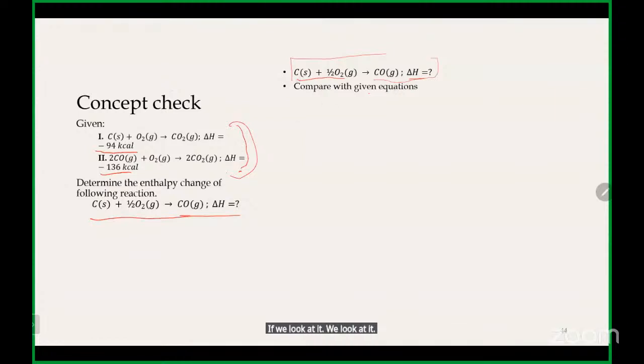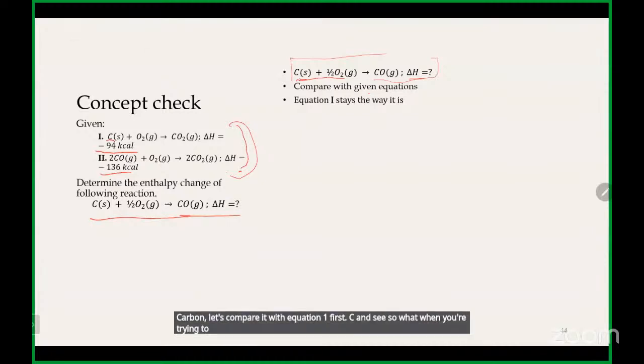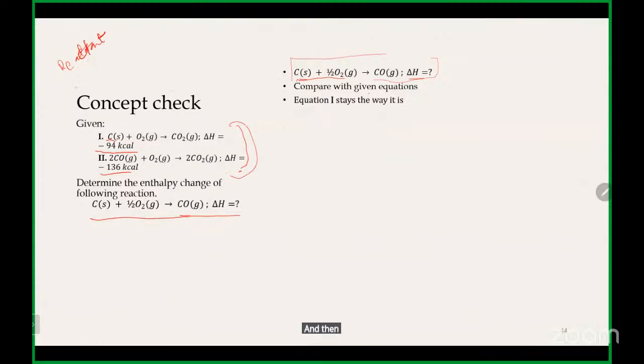Let's compare carbon with equation 1 first: C and C. When you are trying to compare, you want to compare the things that are on the reactant side. That would help you to determine whether you want to flip your equations or not. And then you also want to note the stoichiometric ratio.